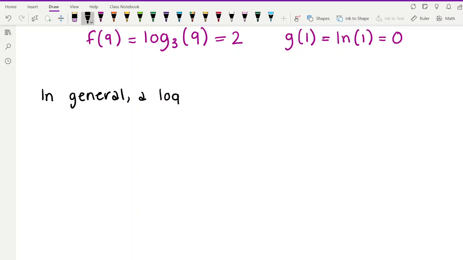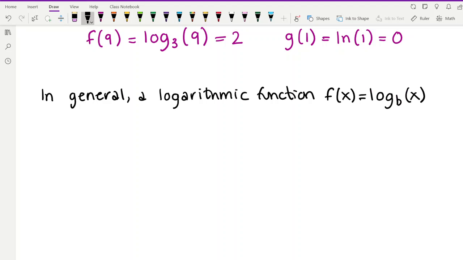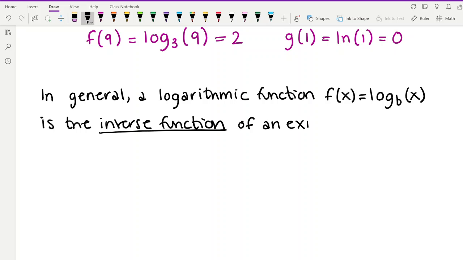So in general, a logarithmic function f of x equals log base b of x is always going to be the inverse function of an exponential function g of x equals b to the x.